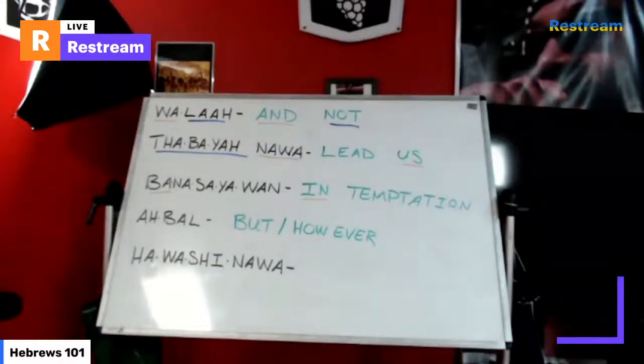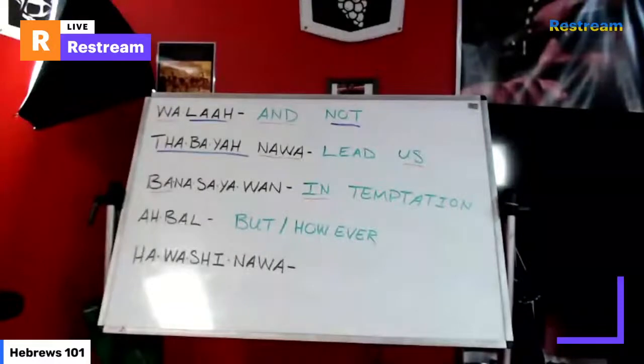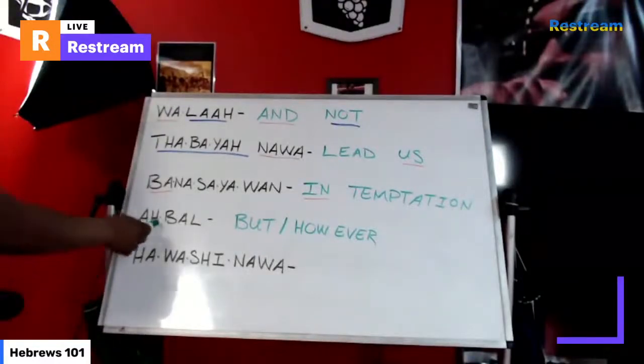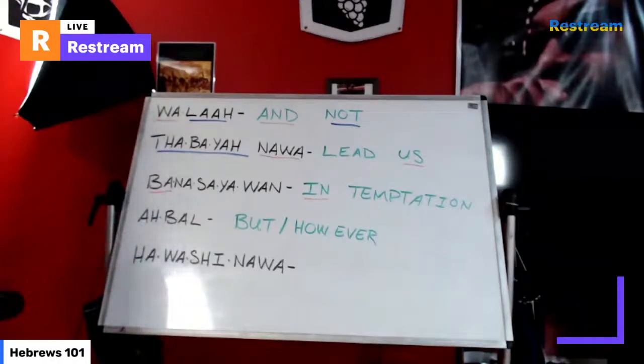A ball is one word. Remember, just have this written out to help you separate the syllable count. A ball: but, however, right? Then here's something. How was Shai Noah?